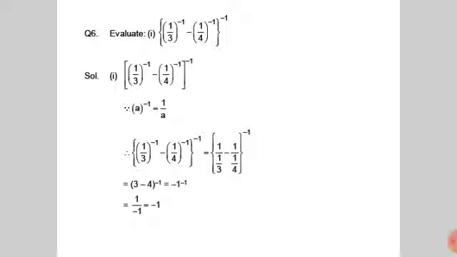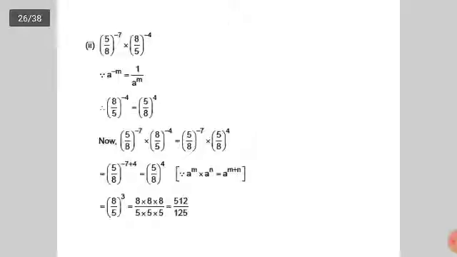So 3 minus 4 we get the value minus 1, the whole power minus 1. So form a reciprocal, 1 by minus 1 equals minus 1.